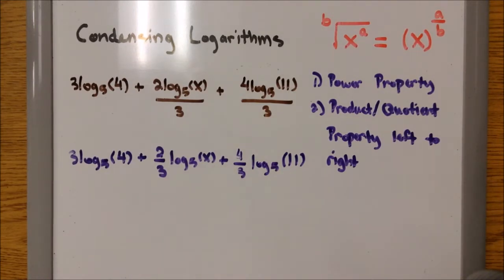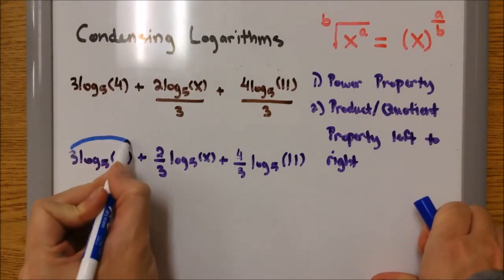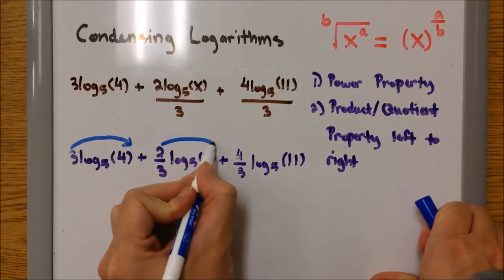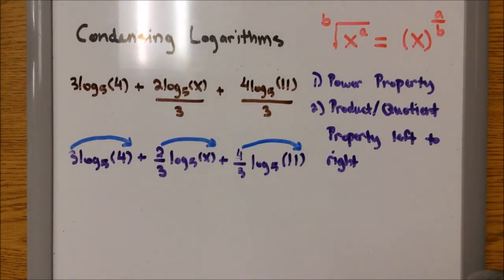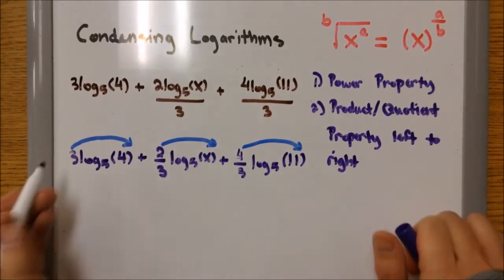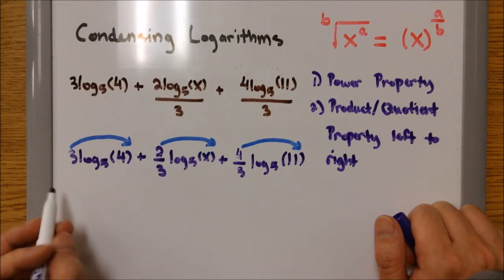So what's going to happen next is the power property. That means we're going to move the exponent, or the number in front of log, as exponents. So I'm going to write where all these three, since they have numbers in front of log, they're all going to have exponents.